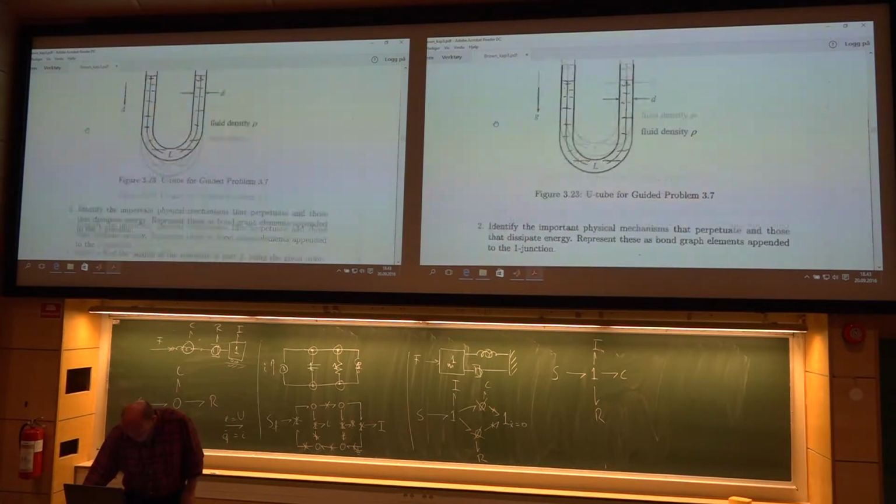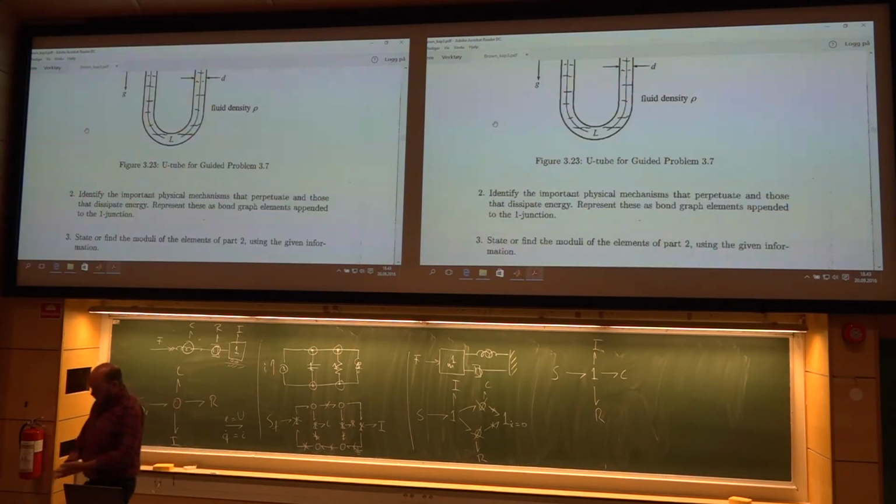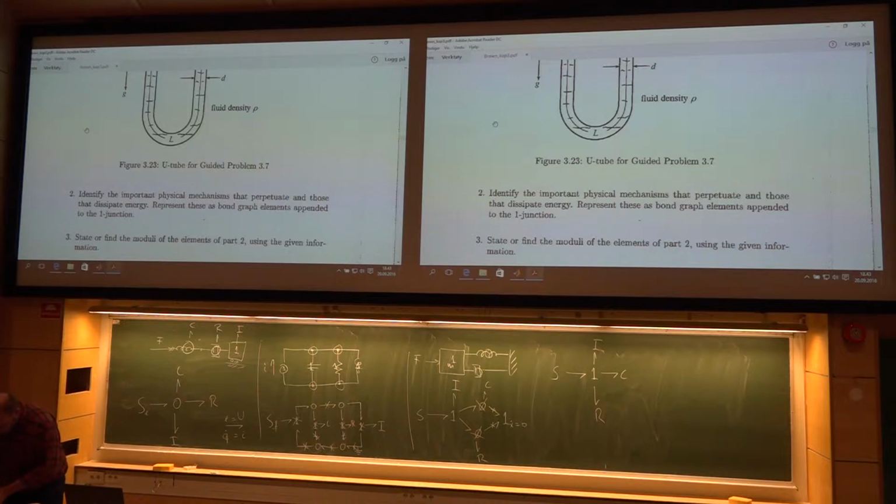Should we look at that one as an example? Maybe we can. See if we can find it. Non-linear, where is it? Ah, it's a little boring.